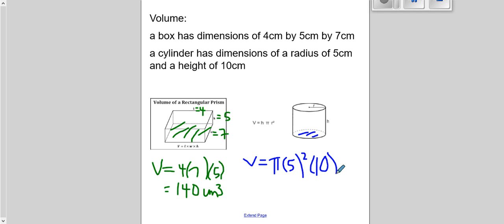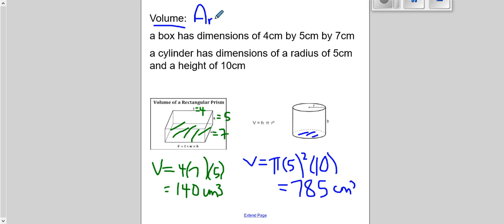And when I multiply those three together, I get 785 centimeters cubed. Cool.